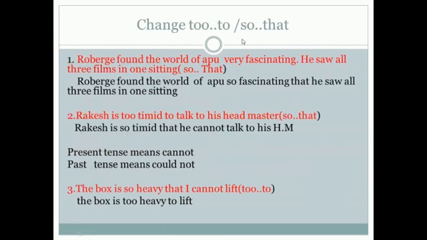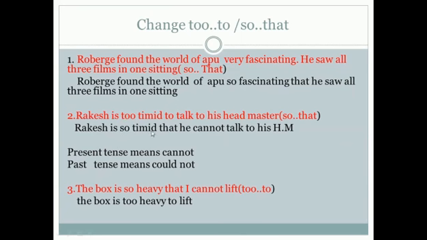So change too to so that. Robert found the world of Apu very fascinating. He saw all three films in one sitting. So Robert found the world of Apu so fascinating that he saw all three films in one sitting. And Rakesh is too timid to talk to his headmaster. So if they give so that, we have to replace too with so.